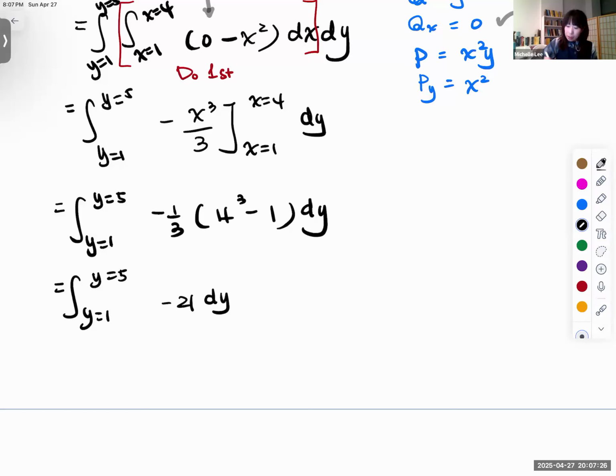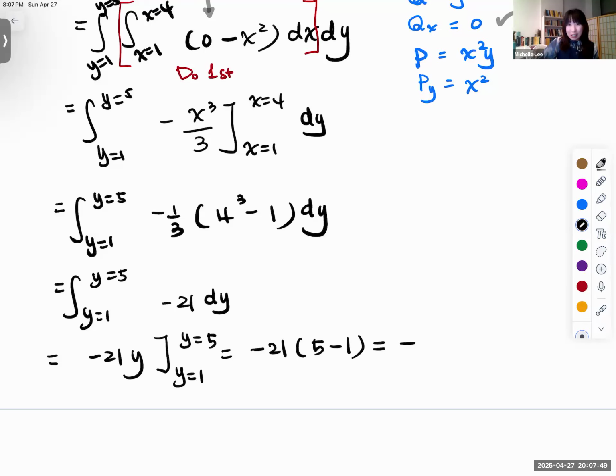Good. Then we integrate with respect to y, so we get negative 21y, evaluated from 1 to 5. So there will be negative 21 times 5 minus 1, which gives negative 84.